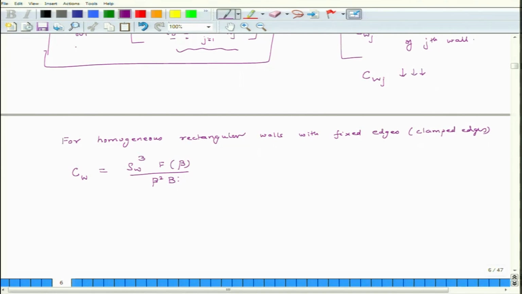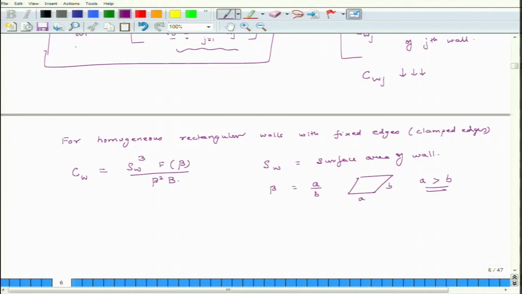Okay. So, what does all this mean? SW is the surface area of the wall, beta is the ratio A by B. So, you have a wall, let us say this is A and B, then beta is the ratio of A by B, where A is larger than B, because you have to decide which number goes on top and which on the bottom.